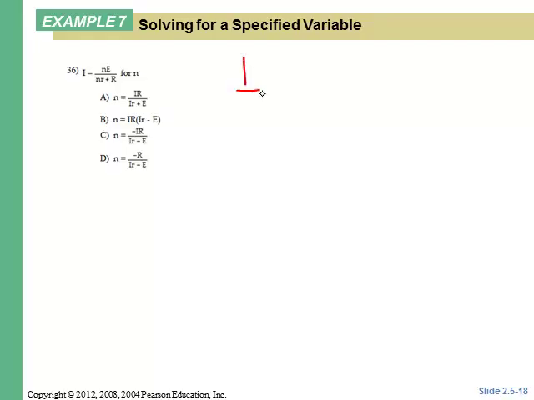All right, so we write down the formula. I equals nE over nr plus R, with a capital E and capital R. If you notice, we have n on the top and the bottom. So we have n appearing in two separate locations.